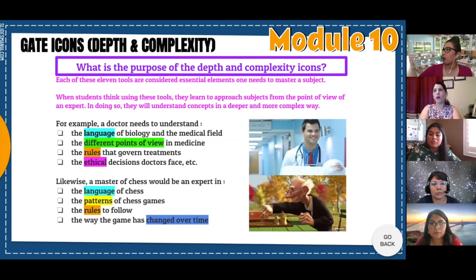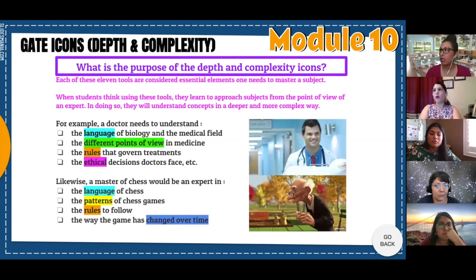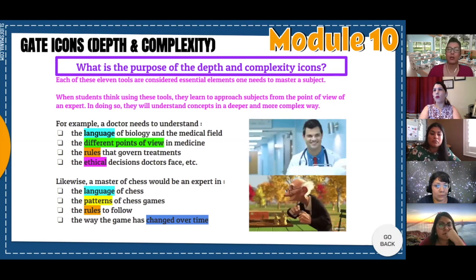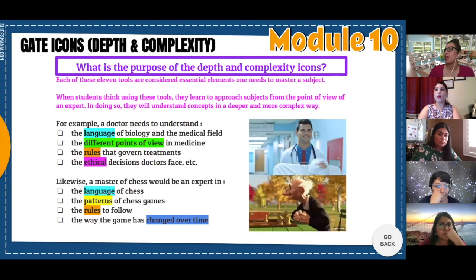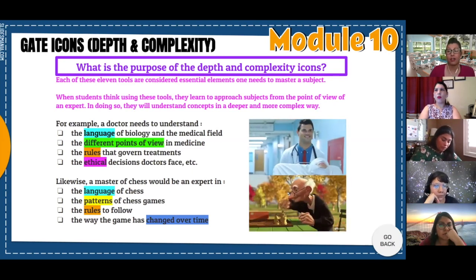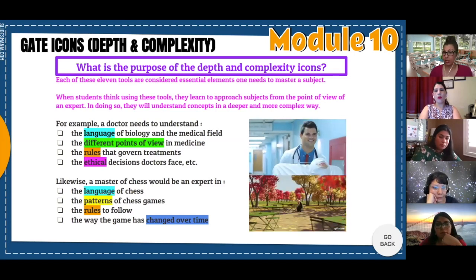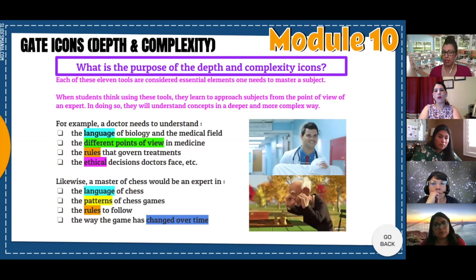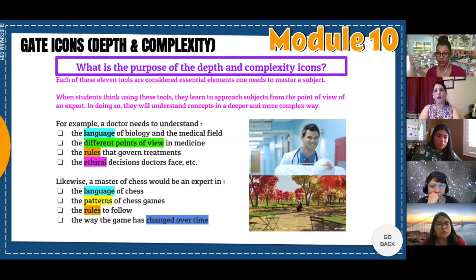And so we pretty much already talked about the purpose of them, but I want to show you an example of how a doctor would potentially use some of these icons. A doctor needs to understand the language. The language the doctor is going to be speaking is going to be totally different than the way the patient is going to understand, right?